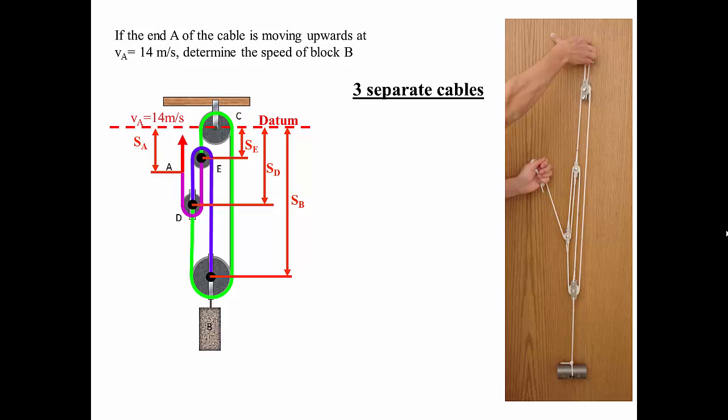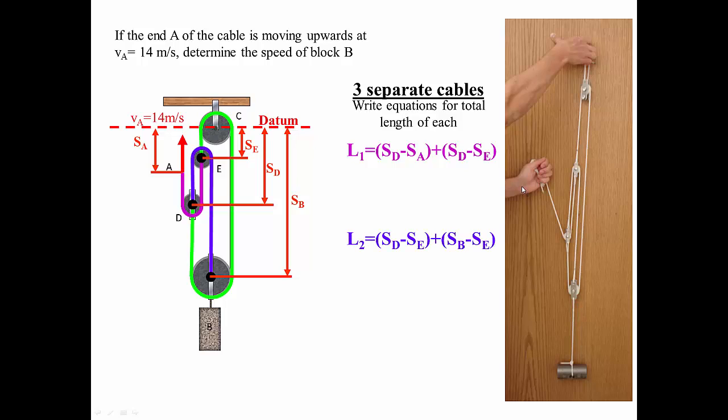Looking at the first cable. The length of our first cable is equal to SD, this length, minus SA to give us this portion of the cable, plus SD, our length from the datum, minus SE to give us this portion of the cable. The second cable is equal to SD.